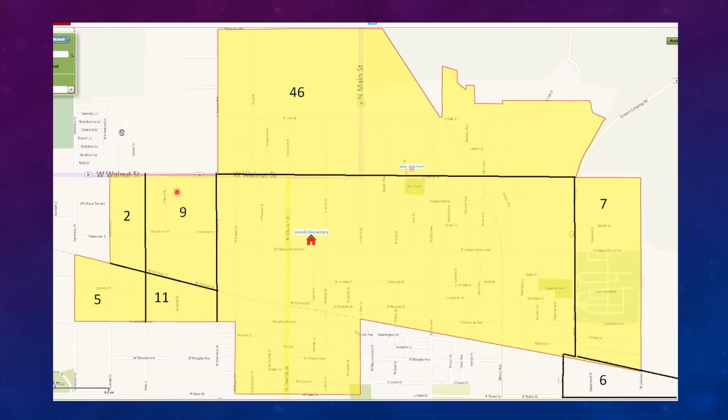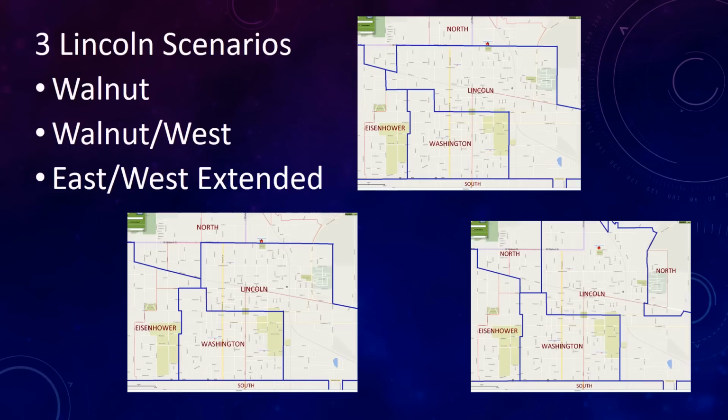I divided the western edge of the Lincoln boundary into 4 areas created by Diamond, Pine, and the railroad track. The numbers in those sections help develop 3 Lincoln scenarios to help with the overcrowding of Lincoln. They are the Walnut scenario, the Walnut West scenario, and the East-West extended scenario.